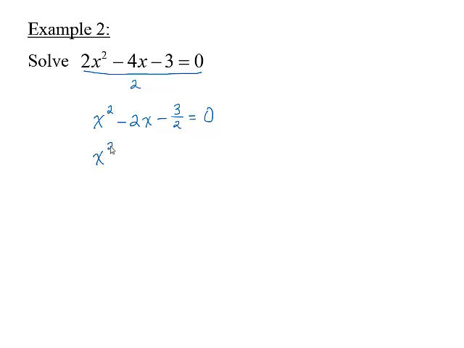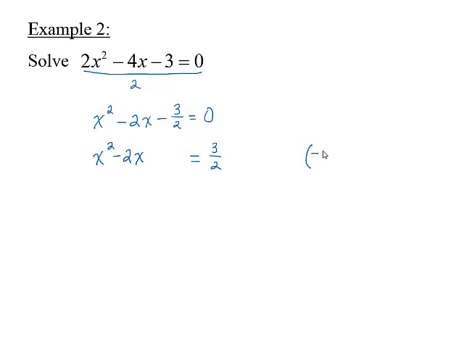Now we want to get the variable terms on one side and the constant on the other. We do this by adding 3/2 to each side to get x squared minus 2x equals 3/2. Now we need to complete the square on the left.